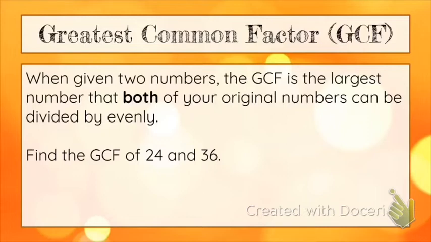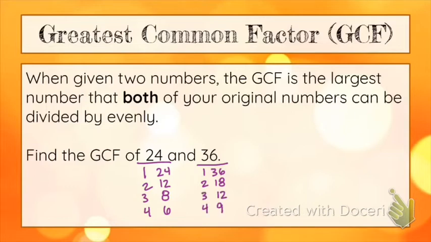So all the factors of 24, we just listed those. 1 and 24, 2 and 12, 3 and 8, 4 and 6. Out of 36, we have 1 and 36, 2 and 18, 3 and 12, 4 and 9, 5 does not go, but 6 times 6 is 36, and that in itself is a repeat, so 6 only goes on there once.